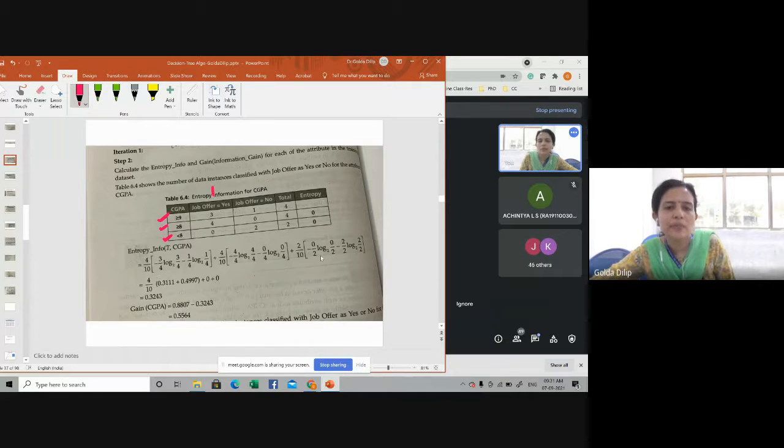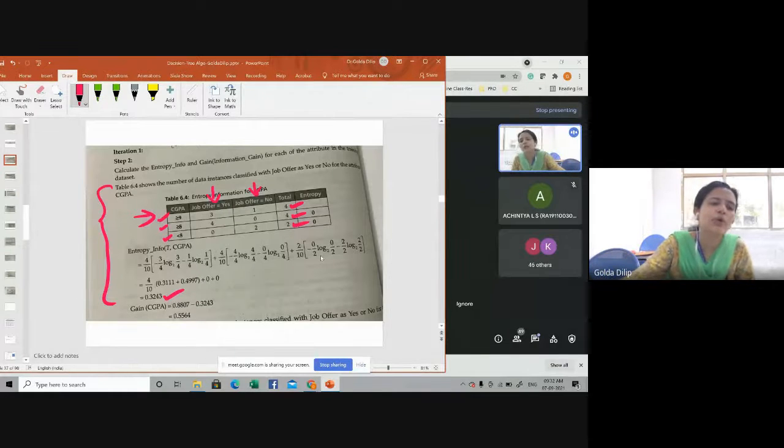For the target variable, how many yes and how many no is there? That's why we call it the entropy information of T comma A. T is the target variable, A is our CGPA this time. Totally 4 are there here, totally 4 here, 2 here. So that's how we calculate it as 0.3243. This table I didn't show today because it was already displayed in yesterday's problem. That's how you do it.